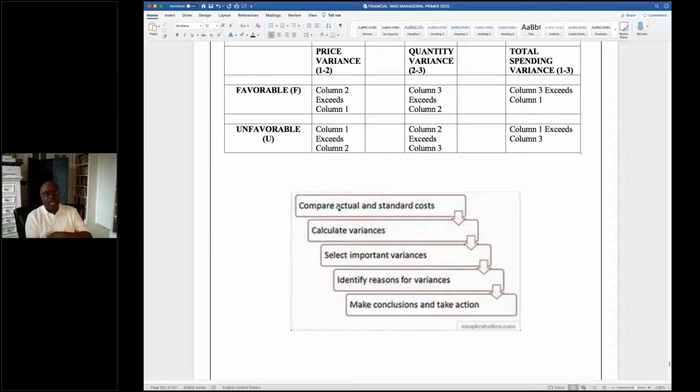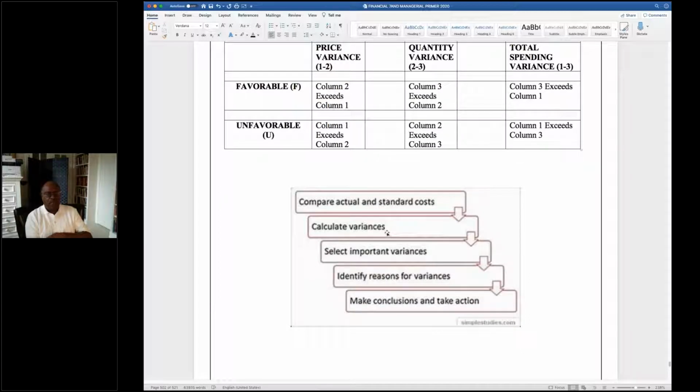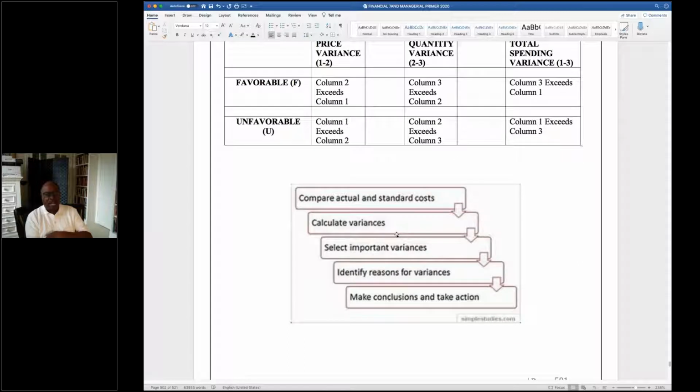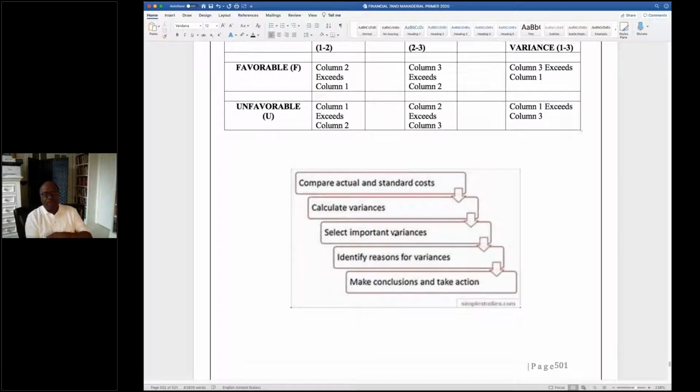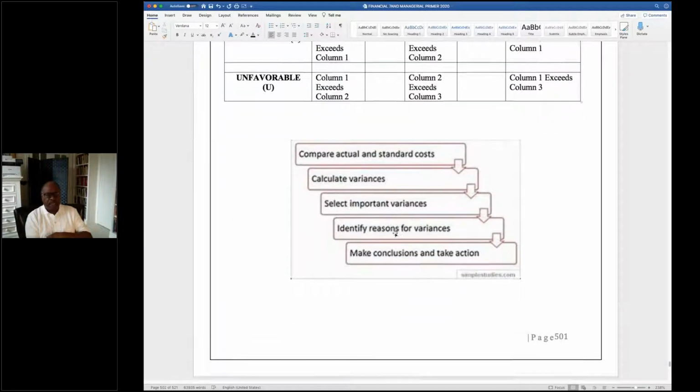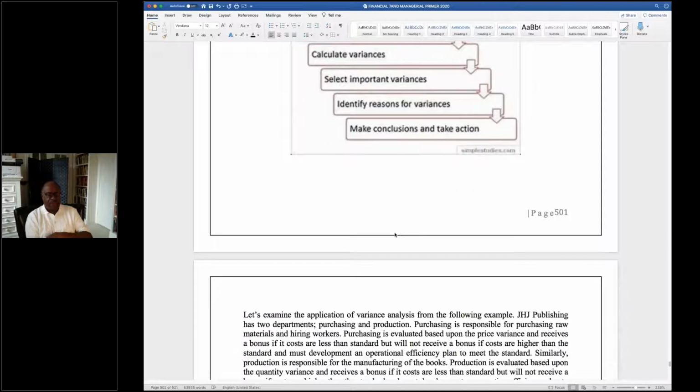So we're going to compare actual costs to the standard of the budget, calculate variances, and when they're major amounts, we want to identify reasons for the variances and make some conclusions and take some actions.